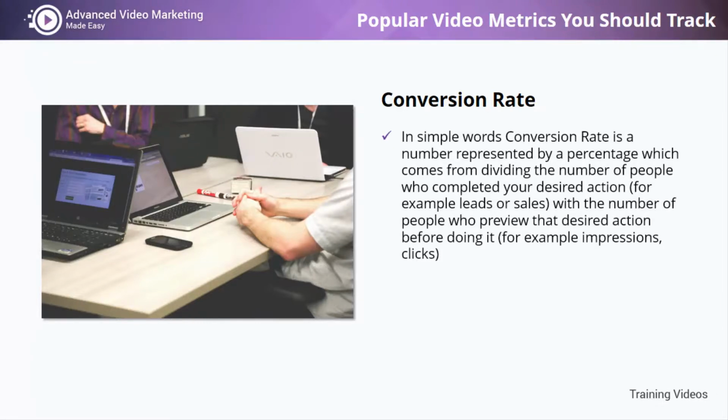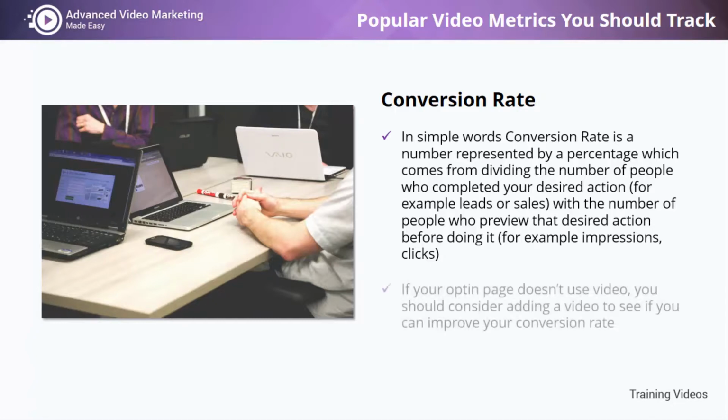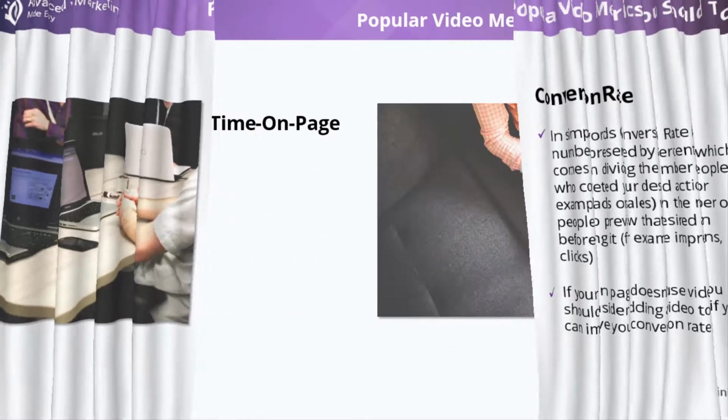In simple words, conversion rate is a number represented by a percentage which comes from dividing the number of people who completed your desired action, for example, leads or sales, by the number of people who previewed that desired action before doing it, for example, impressions, clicks. If your opt-in page doesn't use video, you should consider adding a video to see if you can improve your conversion rate.